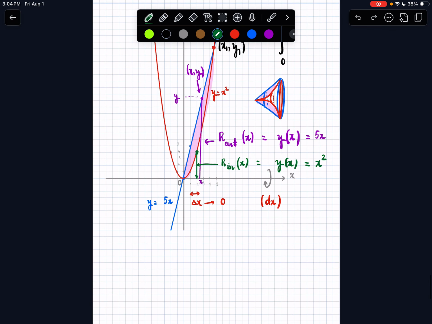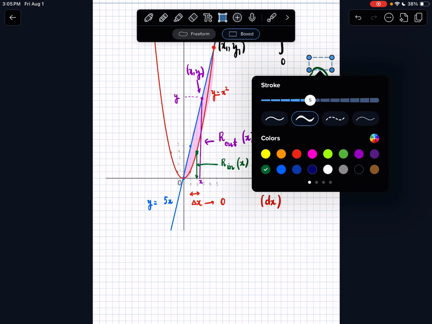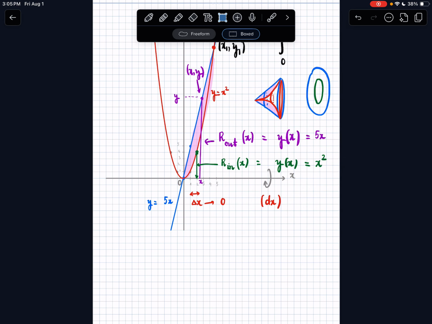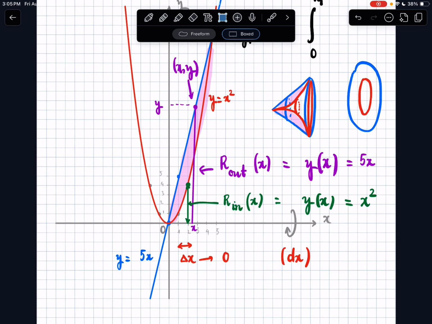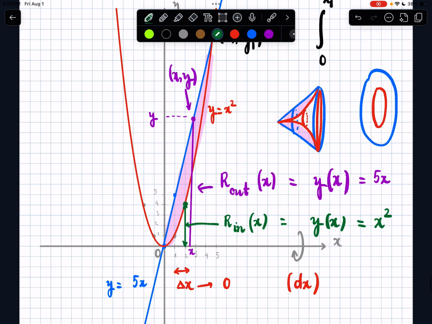The outer circle comes from the blue curve, the outer curve, and the inner circle comes from the red curve. The outer radius is 5 times x.